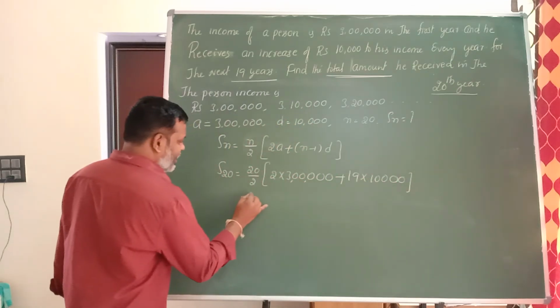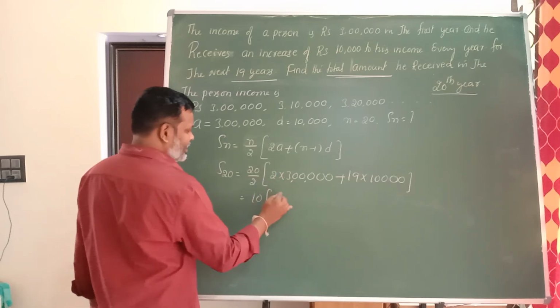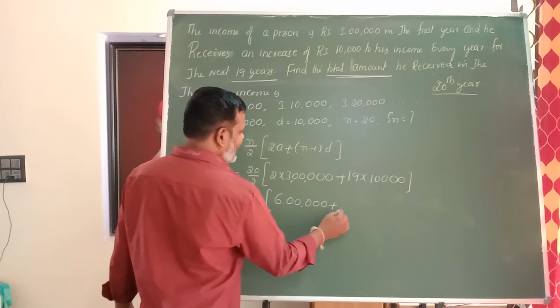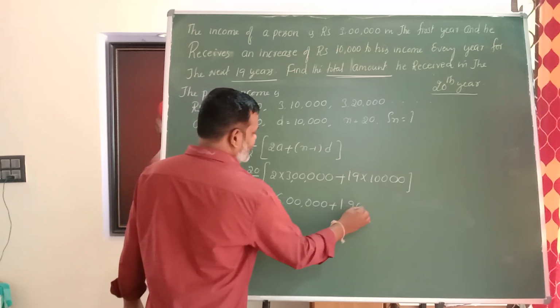Now simplify. 20 by 2 is 10, into 2 times 3, which is 6 lakh, plus 19 into 10,000, which is 1 lakh 90,000.